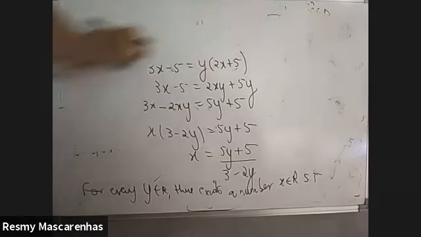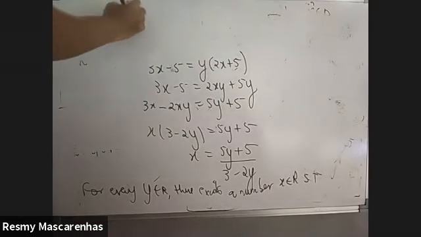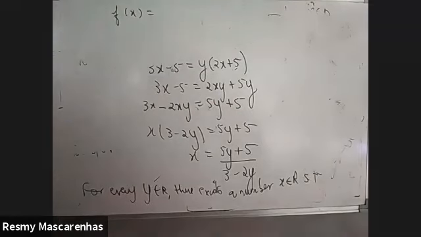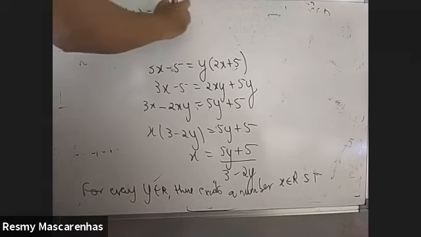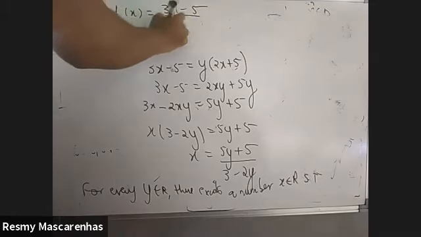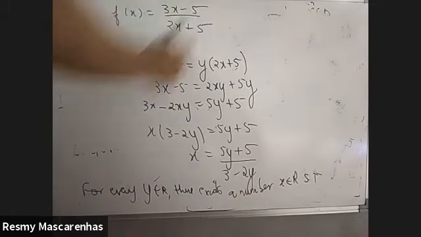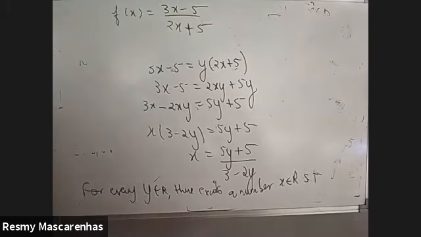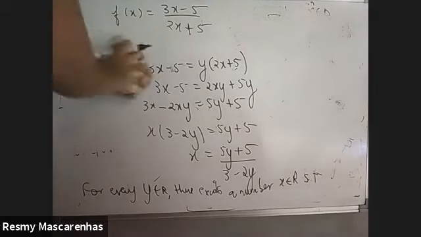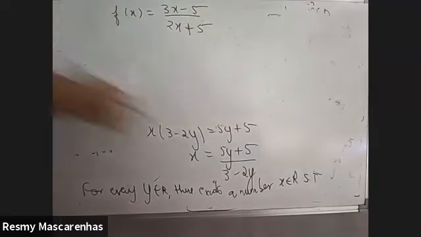So what was the question? f of x is equal to 3x minus... So now put the value of x in both the places. And then you have to prove that the answer is turning out to be y. So what is the value of x?